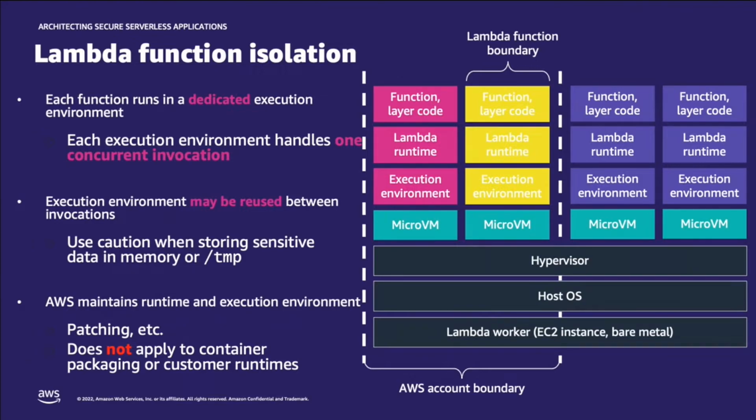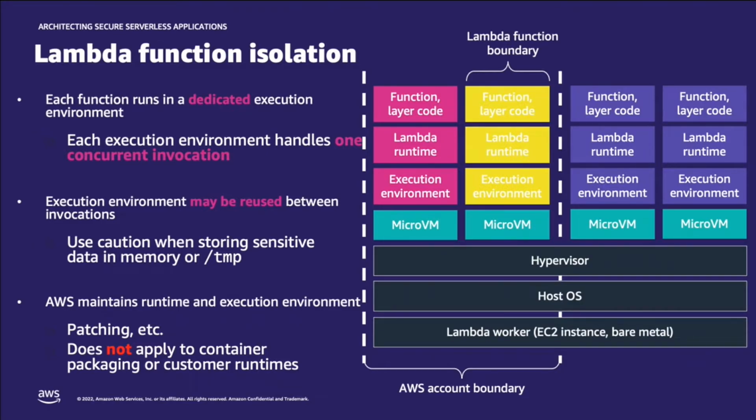One additional thing that's really important to remember: a micro VM is fully dedicated to an AWS account, but can be reused by execution environments across functions within the same account. And these micro VMs are packed onto an AWS owned and managed hardware platform. These execution environments are never shared across functions, right?